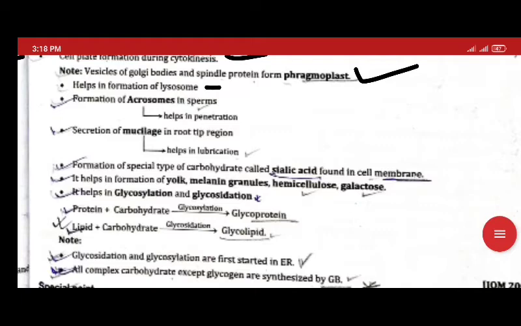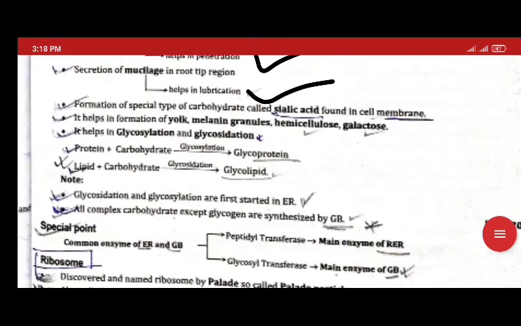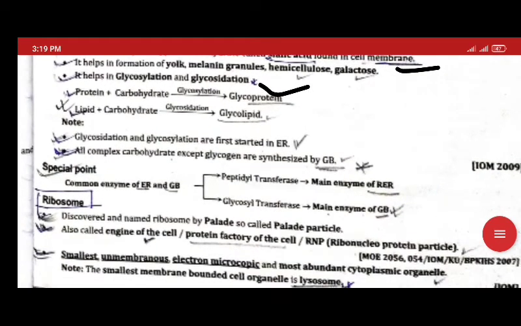Golgi bodies with ER also form acrosomes in sperm. Mucilage helps in root lubrication, for smoothness. Also formation of yolk and glycosylation. What is glycosylation? It is the process of making glycoproteins and glycolipids, so this is also important.